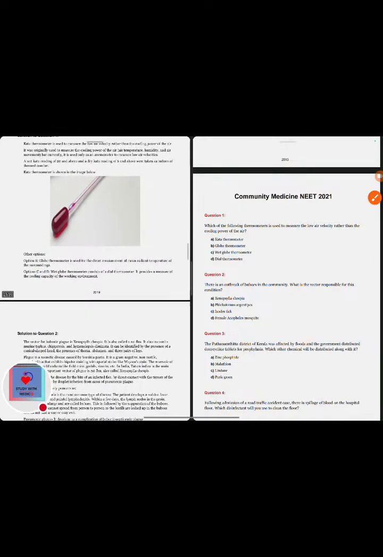Other options: the globe thermometer is used for direct measurement of the mean radiant temperature of the surroundings. The wet globe thermometer consists of a dial thermometer. It provides a measure of the cooling capacity of the working environment. So the correct answer is kata thermometer.